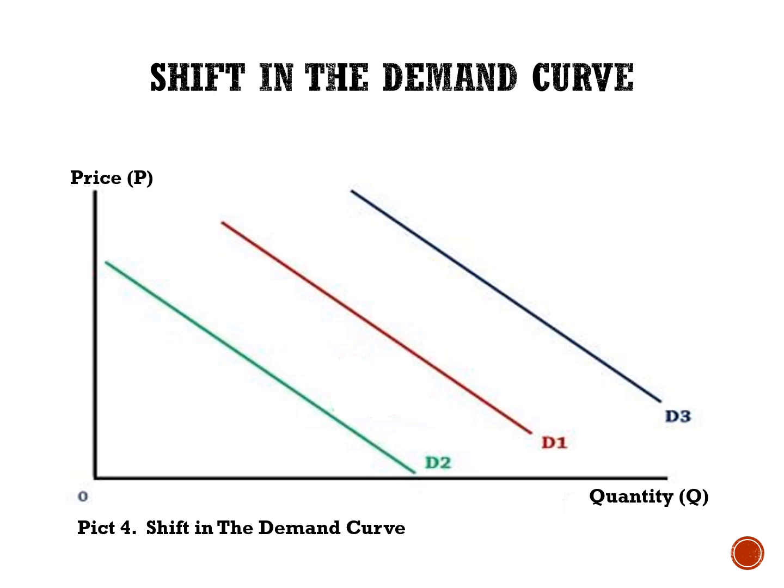Now, as shown in Picture 4, a decrease in demand will move the initial curve to the left, from D1 to D2. On the other hand, a rise in demand will move the initial curve to the right, from D1 to D3.